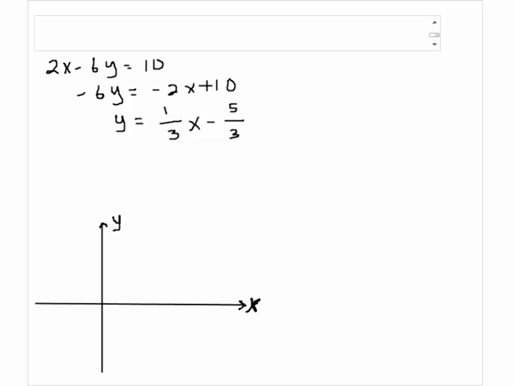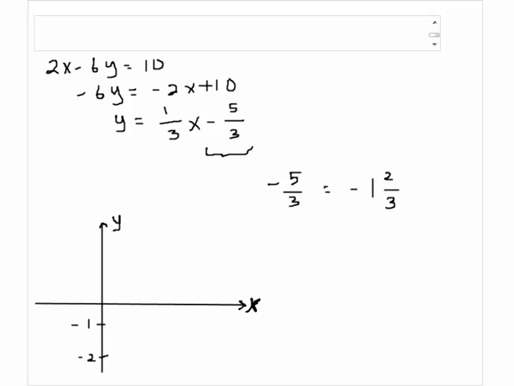So to graph the line, first we're going to plot the y-intercept, which is negative 5 over 3. Negative 5/3 is negative 1 and 2/3.